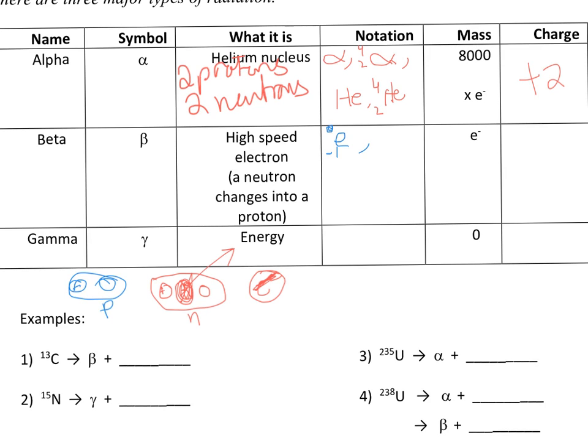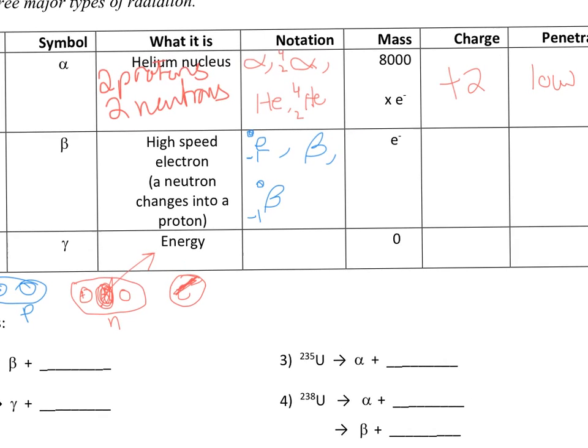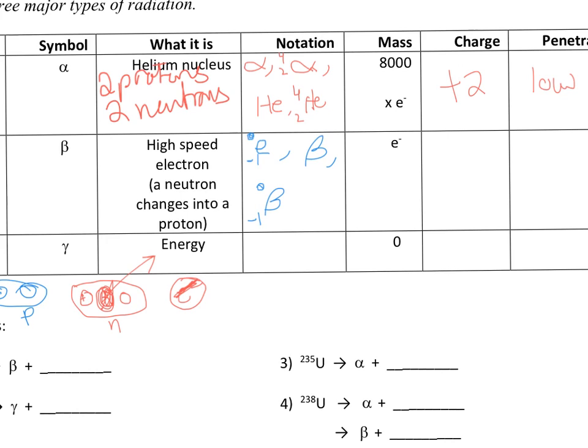Or you could write a beta, the Greek letter beta, or you can also write beta with your numbers, 0 and -1. Since it's a high-speed electron, its mass is the mass of an electron.